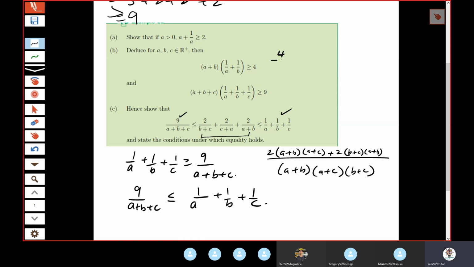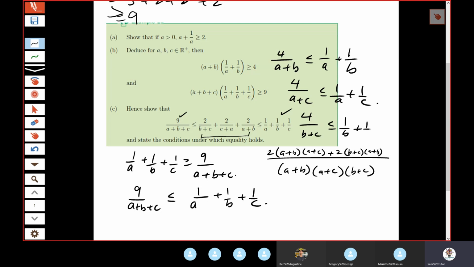I get 4 on A plus B being less than or equal to 1 on A plus 1 on B. That means 4 on A plus C is less than or equal to 1 on A plus 1 on C. And then 4 on B plus C is less than or equal to 1 on B plus 1 on C.